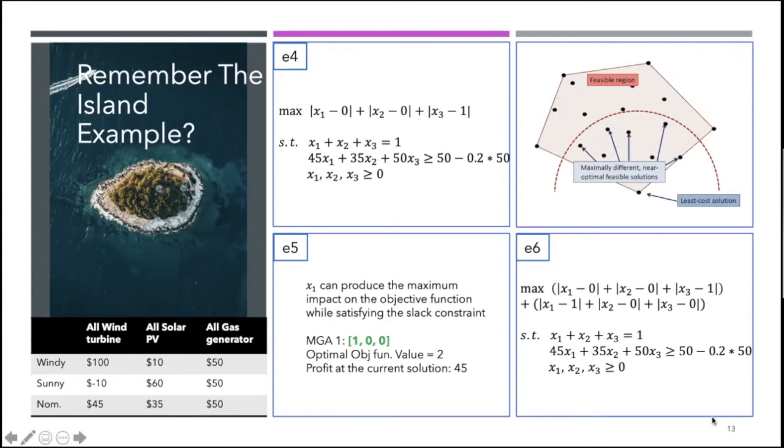But the point of this problem formulation is that just by looking at it, it's not easy to find the solution, even if the problem is small enough or easy looking enough, right? So then we want to move to a next formulation that simplifies this problem and makes it easier to solve.